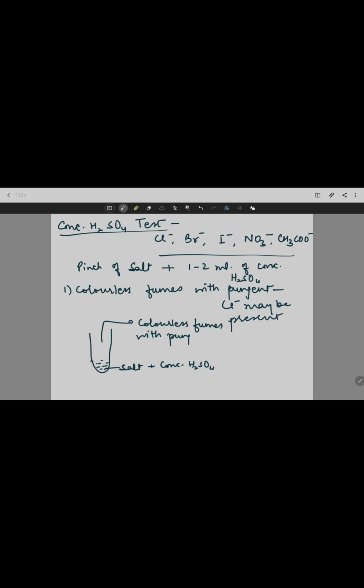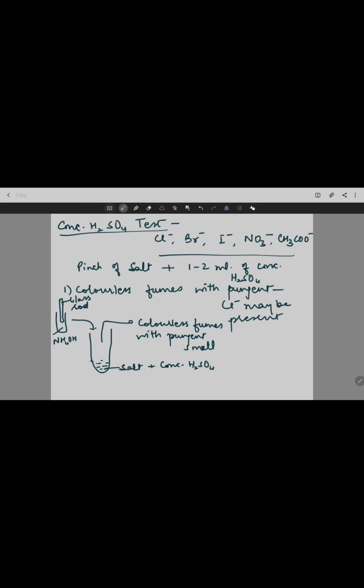Now here is another container in which ammonium hydroxide is there. Dip a glass rod in this ammonium hydroxide and bring it near the mouth of the test tube.